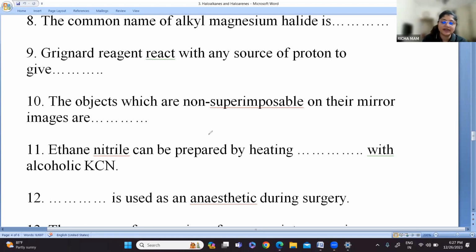What is the structure of ethane nitrile? It will be CH3C triple bond N. Right. So this is ethane nitrile. Fine.